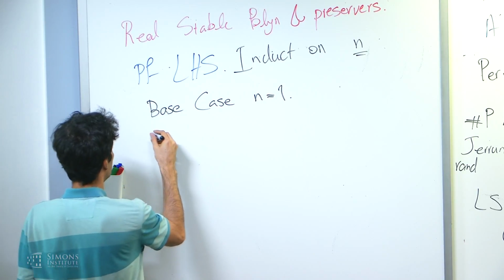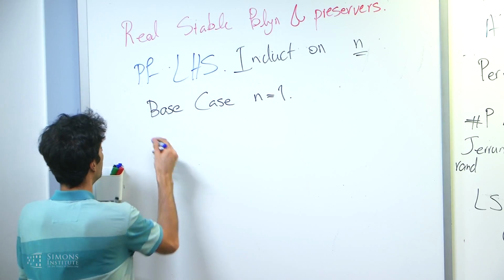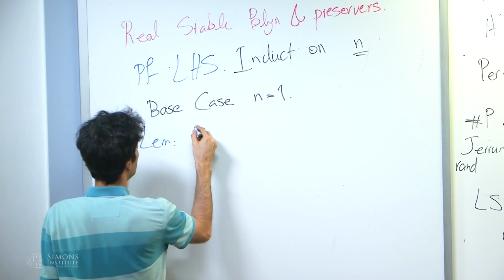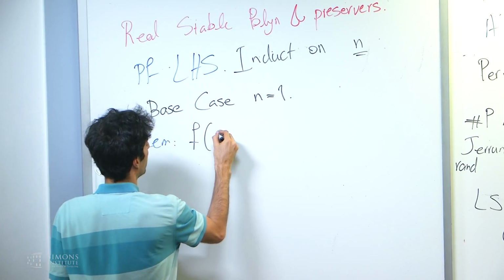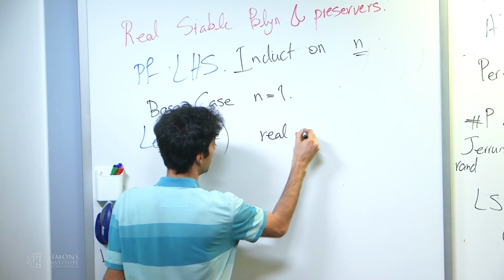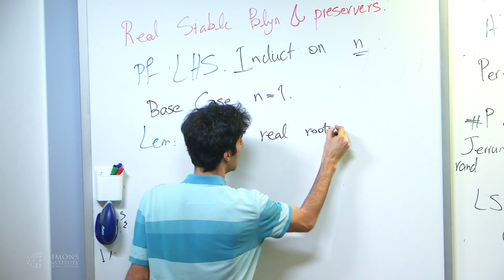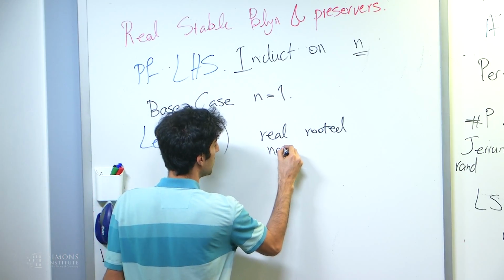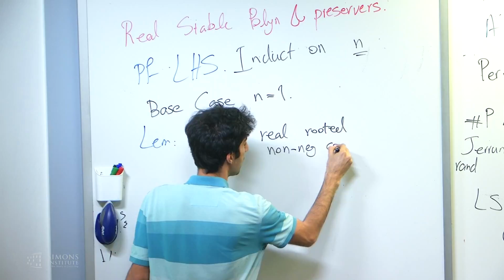This is exactly the homework problem, the in-class exercise problem. Suppose you have a polynomial f of a single variable t, and f is real rooted or real stable. Remember, for univariate, real rooted and real stable are the same. So it's real rooted with non-negative coefficients.